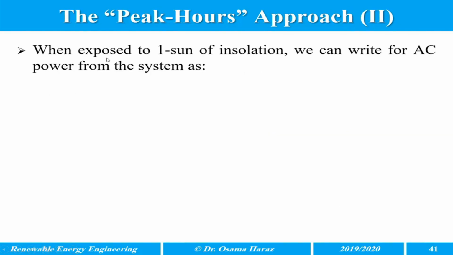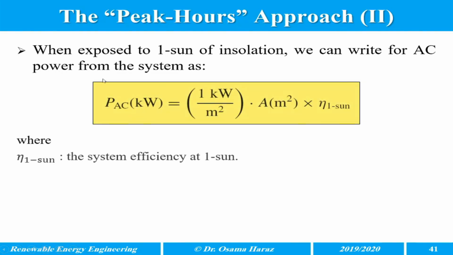When exposed to 1 sun of insolation, we can write the equation again in terms of AC power from the system. The AC power in kilowatt equals 1 kilowatt per meter squared multiplied by the area multiplied by eta 1 sun. What is eta 1 sun? It's the system efficiency at 1 sun.